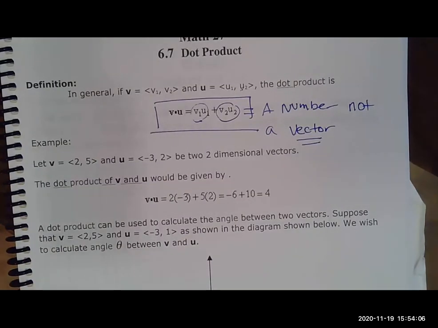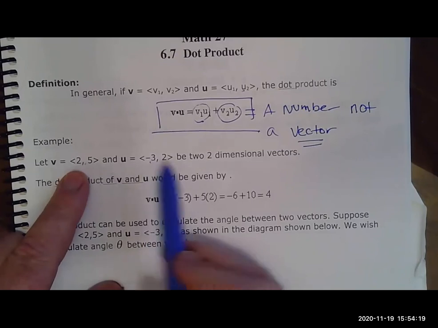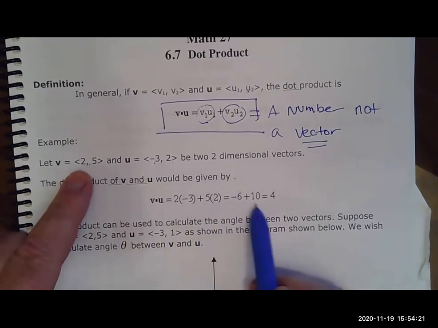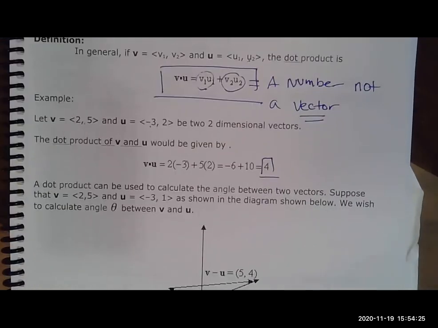Adding vectors gives a vector, but the dot product's not a vector. It's a number. Okay, you can see an example that I did here. These two vectors, I multiply and add, and you get the number 4, whatever that is. Right now, it's just a stupid number.